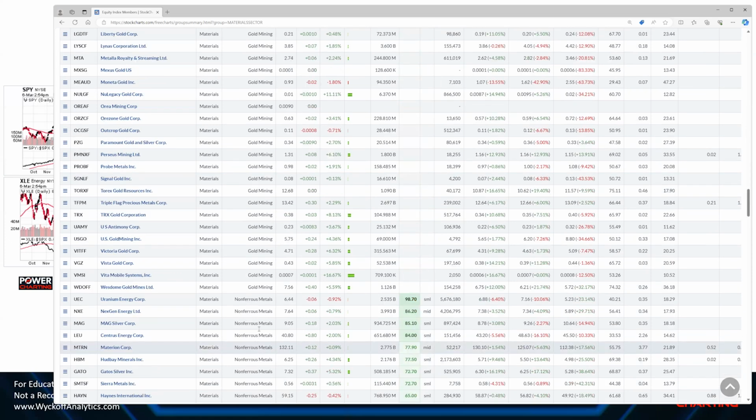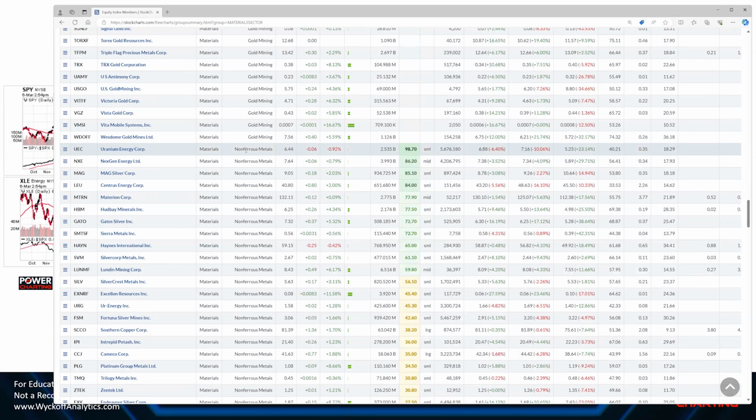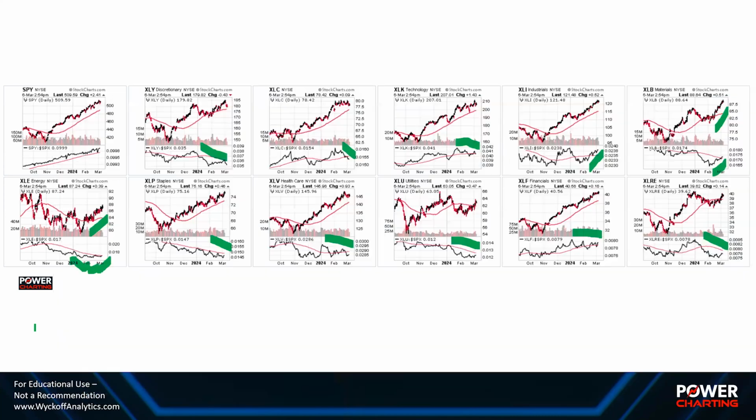And then you will find non-ferrous metals, which is where you're going to find silver, uranium, and so on. A very interesting group is to go to non-ferrous metals, sorted by Scooter, look at where the leadership is, and also the laggards. There's also copper in this group. Cameco is an important uranium stock. Become familiar with these stocks because this is really the topic we're going to talk about today.